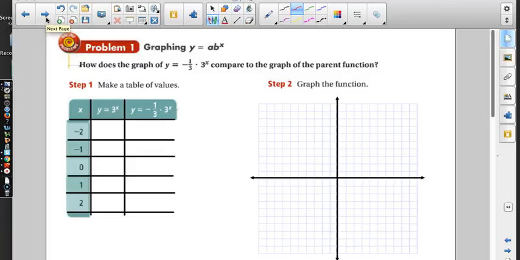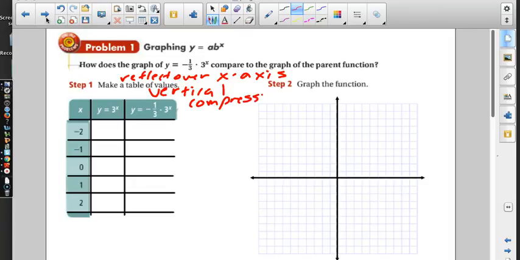So right here, I'm looking at this negative and I realize, well, it's going to reflect over the x-axis. And then I look at the 1/3 and I realize it's going to be a vertical compression. So that's how it's going to compare.